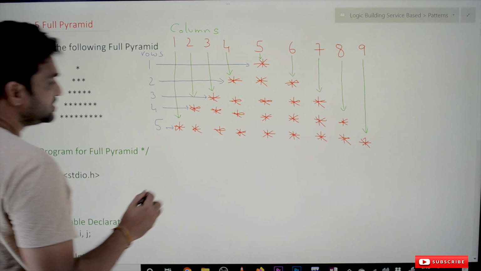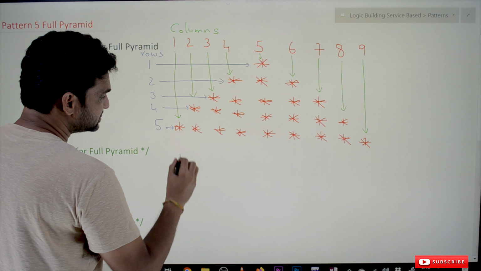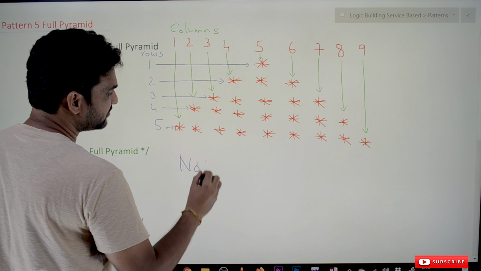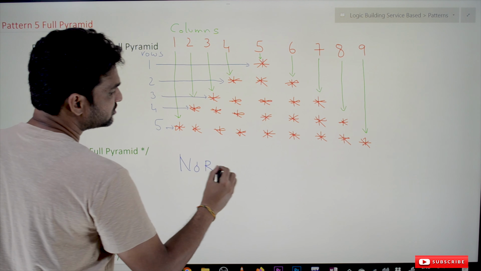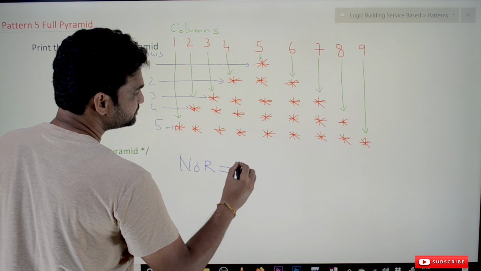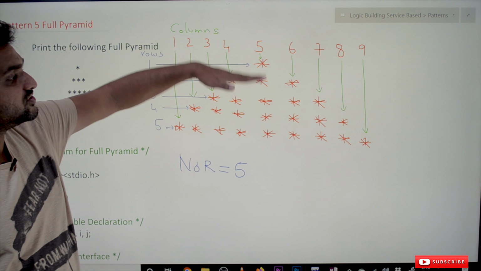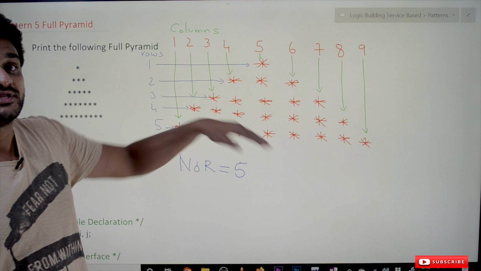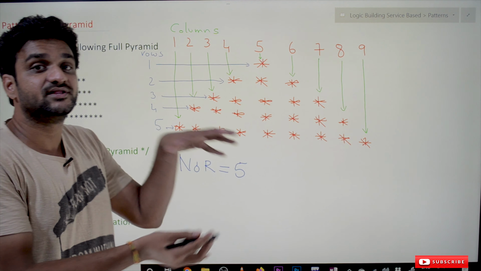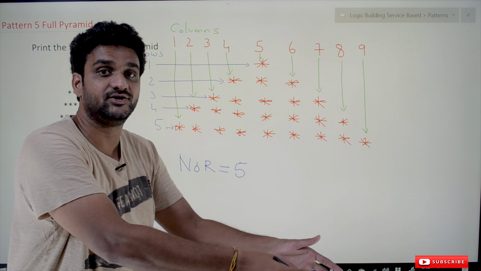The first variable that we have to consider is the number of rows. So the number of rows in our case is 5. So here the height of the pyramid is 5. The number of rows that needs to be there in the pyramid is 5, which is given by the end user.